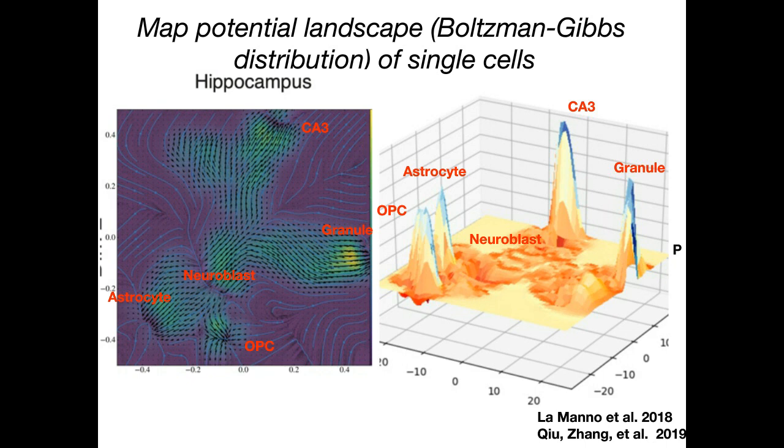However, for the neuroblast cell, the probability is quite low. I was really excited about this result because this method was developed almost 20 years ago, purely from the theoretical perspective, but now we can actually apply it to real data sets.